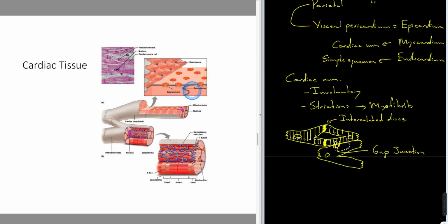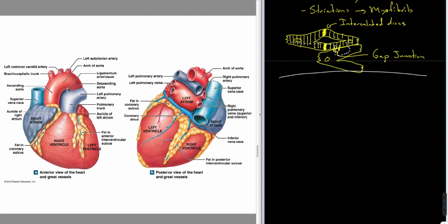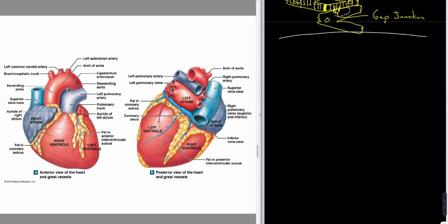So by sharing cytoplasm and by having these cells fused together with intercalated discs, the muscle works as a functional whole. And then therefore there are going to be some pacemaker cells that set the stage for how the contraction works. And we'll discuss that during the cardiac cycle. Okay, let's now look at our heart.